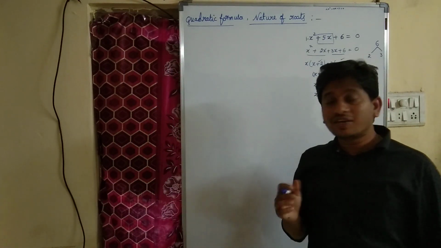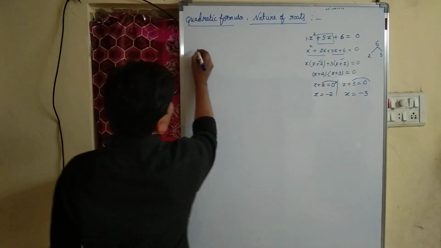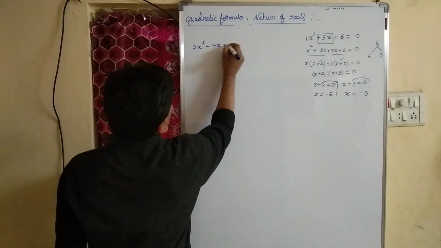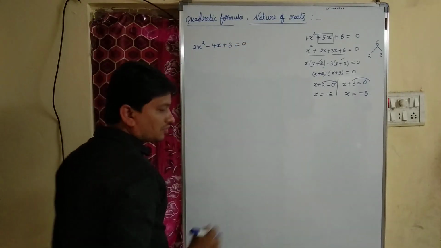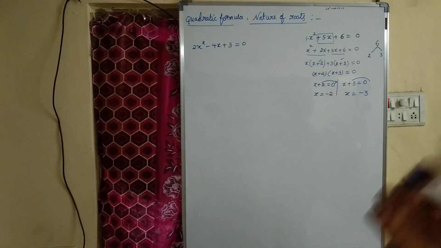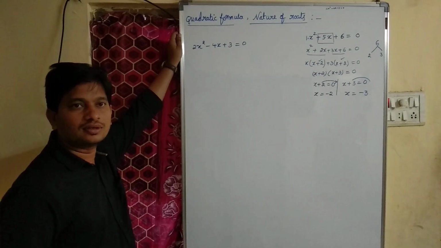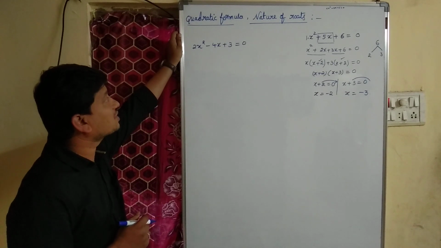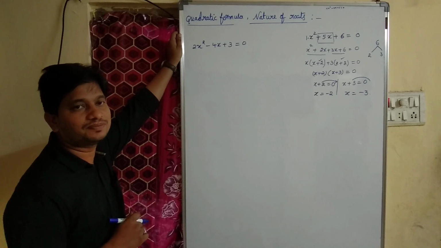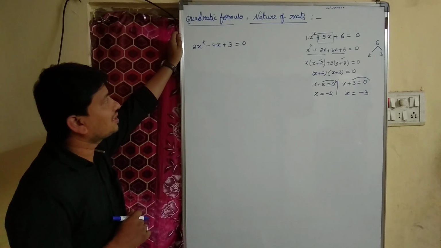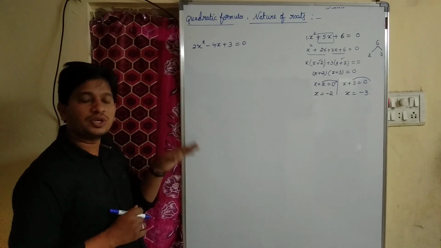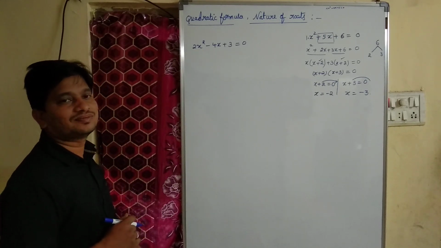Now consider a quadratic equation, for example, 2x square minus 4x plus 3 equal to 0. Now if you observe this quadratic equation, children, can we find the roots by using the factorization method?